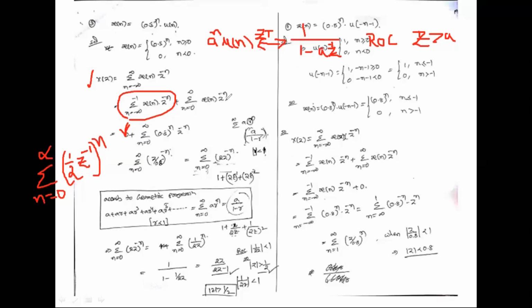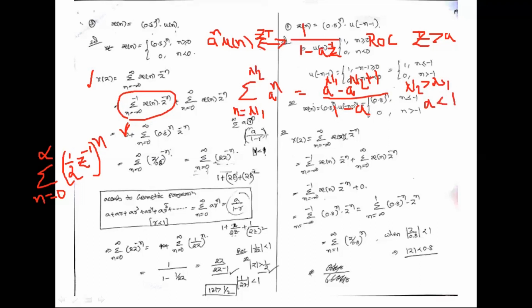Got it, my students? Now I am using this function. When n is equal to n1 to n2, the sum of a^n is equal to a^n1 minus a^(n2+1) by 1 minus a, and you have the conditions n2 greater than n1 and a less than 1. A is less than 1, my dear students.